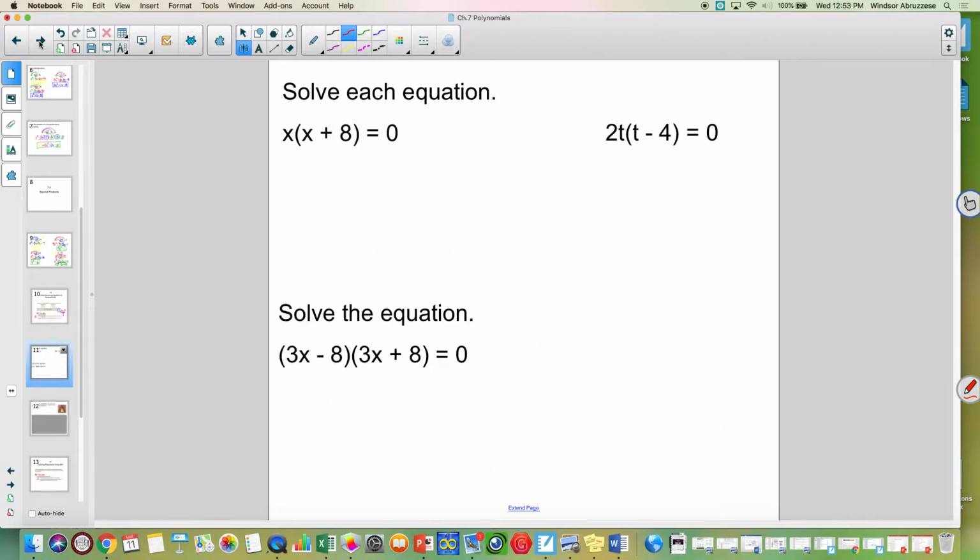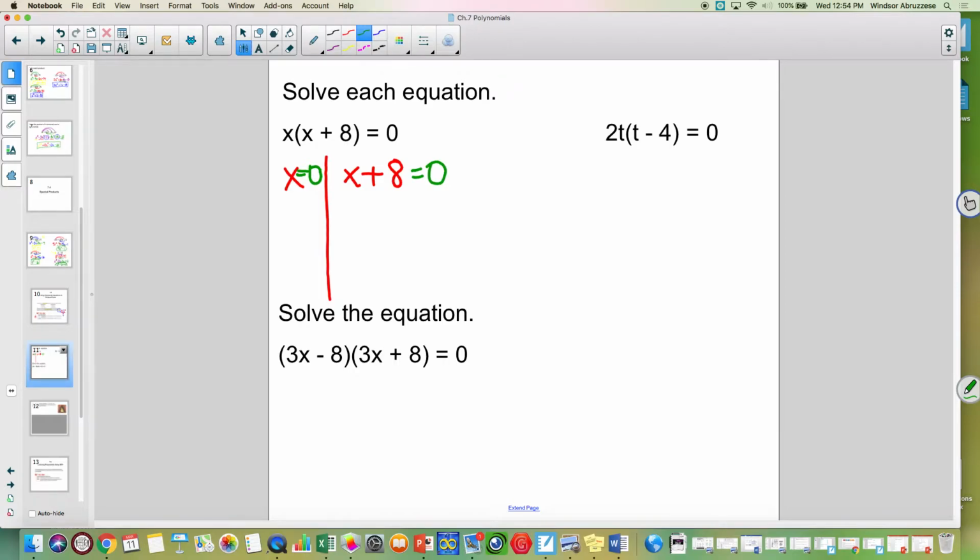Here's my first equation. x times the quantity x plus 8 equals 0. So I have two factors here. I have x and I have x plus 8. Either one of them could equal 0, and that's how I have to find my roots. So what I like to do is set them both up, and you set both factors equal to 0.